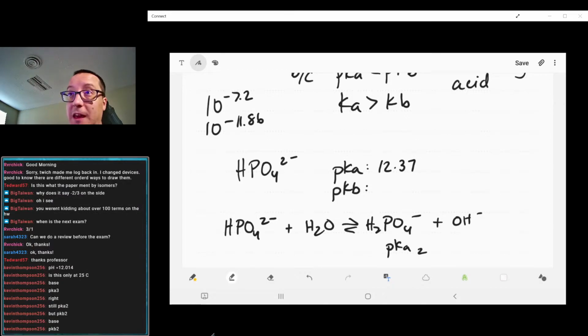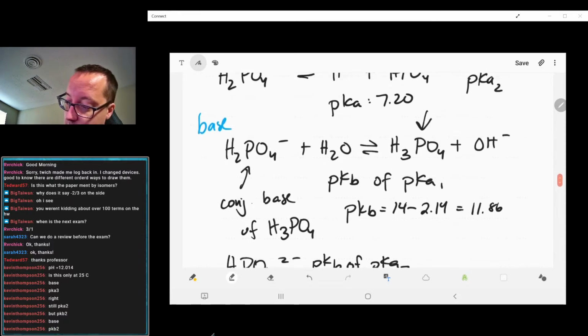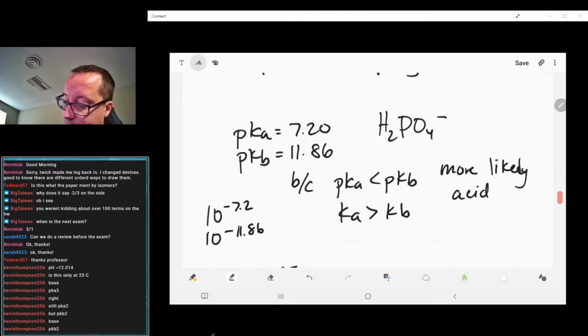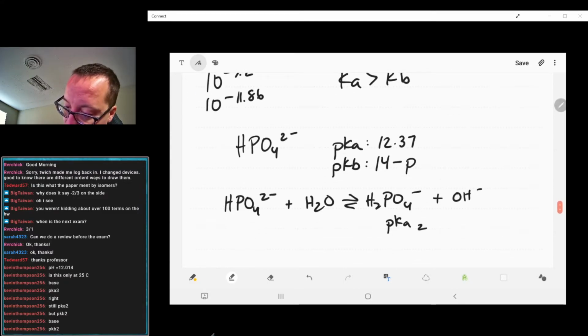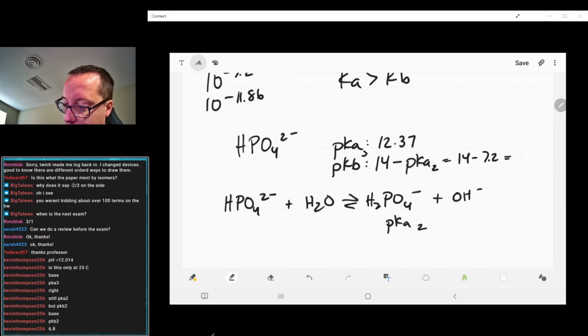So indeed it will be pKb2. So we're going to be subtracting 14 minus pKa2, which was 7.2, which is 6.8.